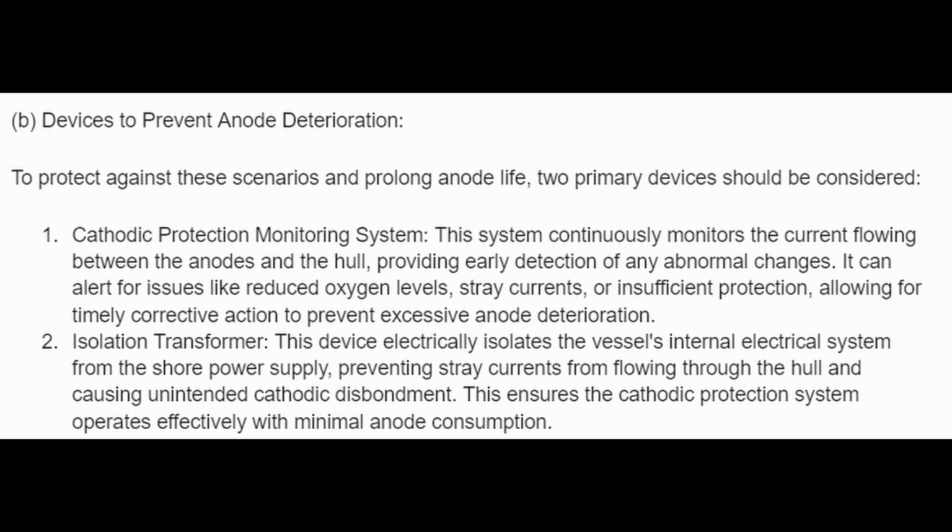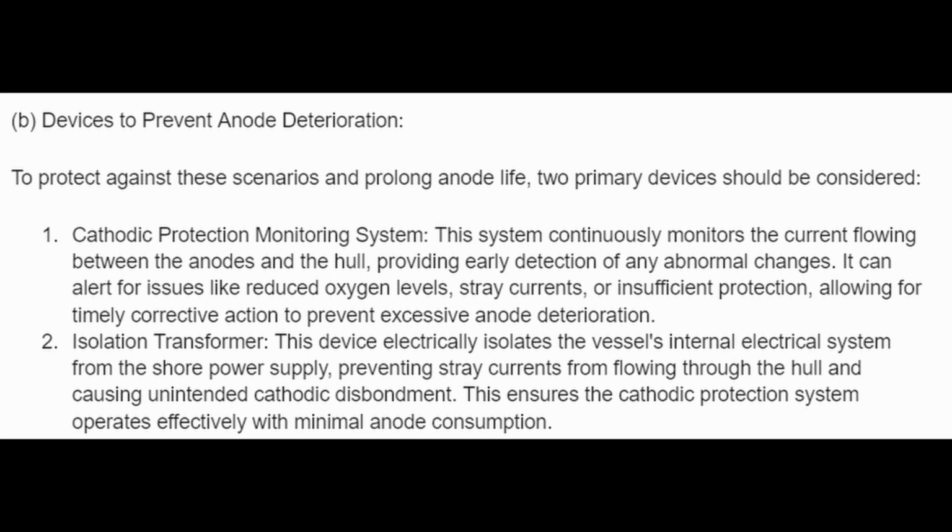2. Isolation transformer. This device electrically isolates the vessel's internal electrical system from the shore power supply, preventing stray currents from flowing through the hull and causing unintended cathodic disbondment.